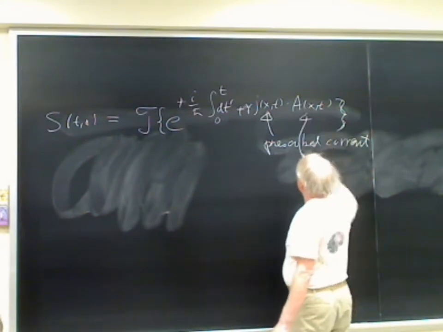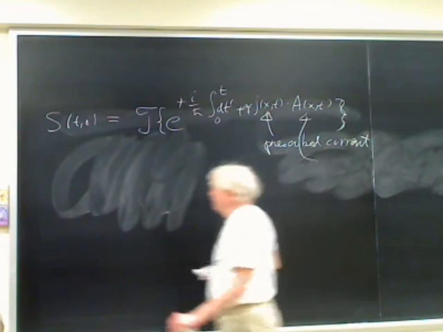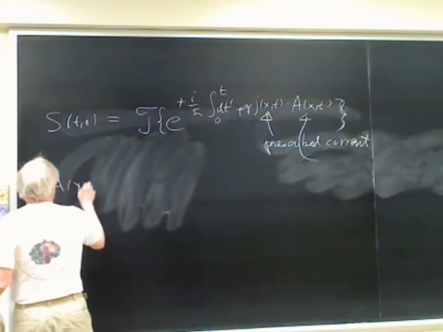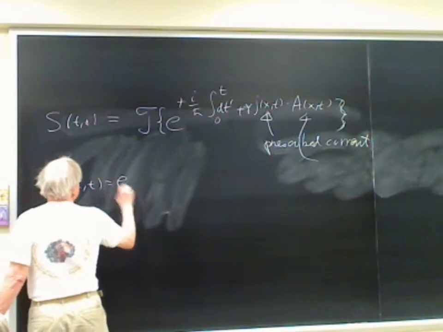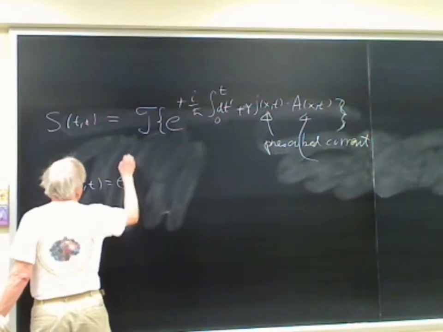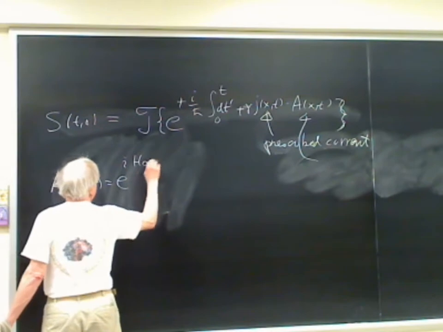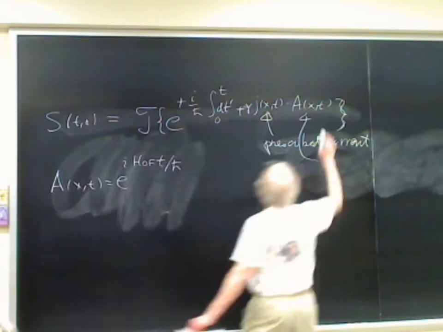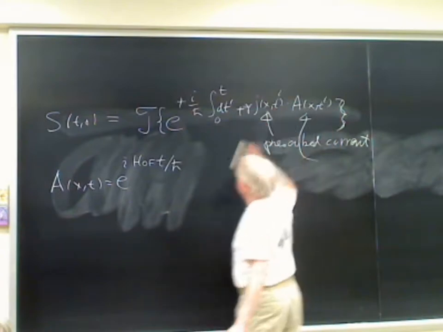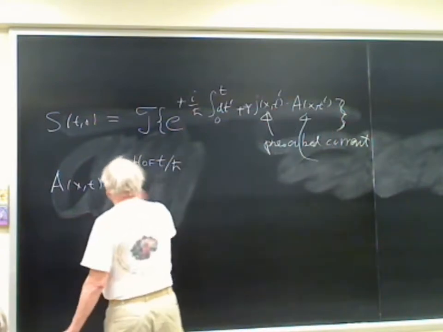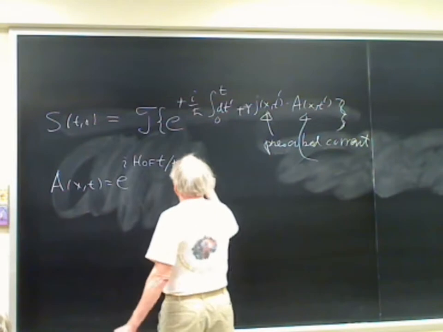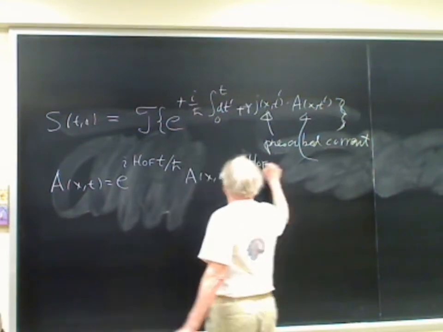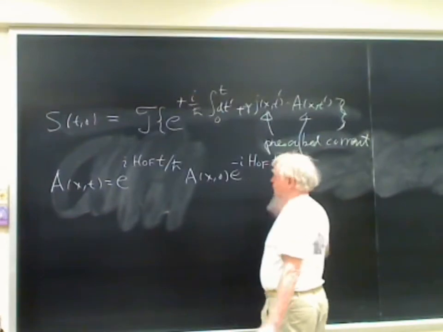And this is the quantized electromagnetic field, but what we're talking about here is that A of x and t is e to the i H0 field t over h bar, or actually this is a t prime. But let me leave the prime off here. A of x and 0, e to the minus i H0 field t over h bar.